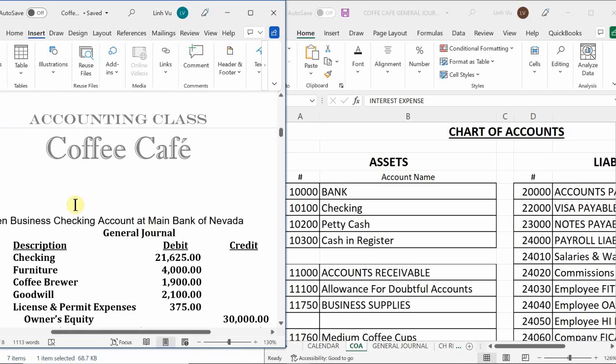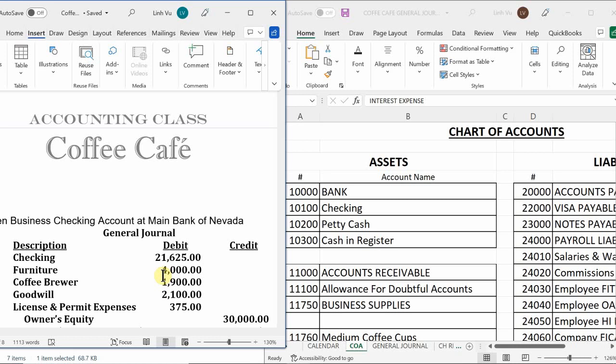We're going to properly journalize it exactly like this, right? We're going to add our money to the bank. We're going to recognize we acquired $4,000 worth of furniture. We also acquired a coffee brewer for $1,900. We also got goodwill, right? We bought the business name for $2,100, right? And of course, we had to purchase license and permit expense, okay, for $375, okay?